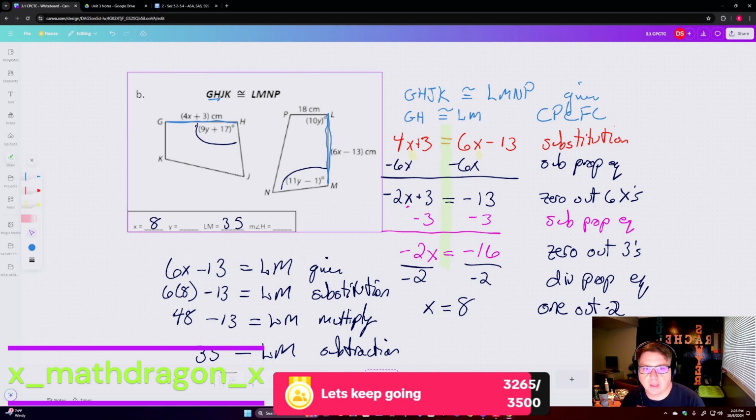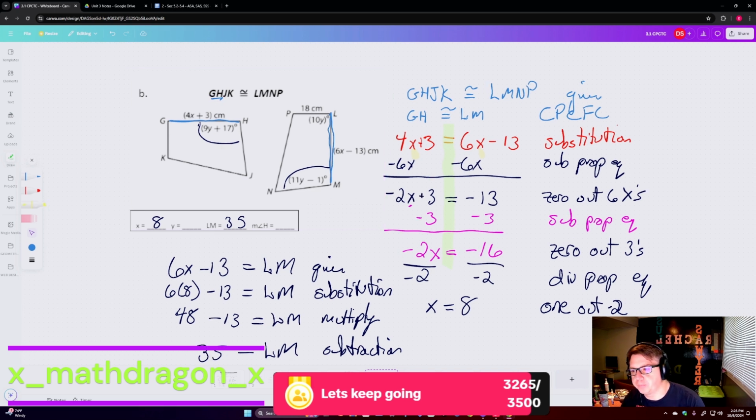Sorry, we said GH was congruent to LM, and we set the x's equal to each other. Then you would do the same thing for the y's, and we talked about angle M being the same as angle H. If we look right here, M is the second letter, so is H, so those two are going to be the congruent angles of each other, so we would set those equal to each other and then plug the y in to find the angles.